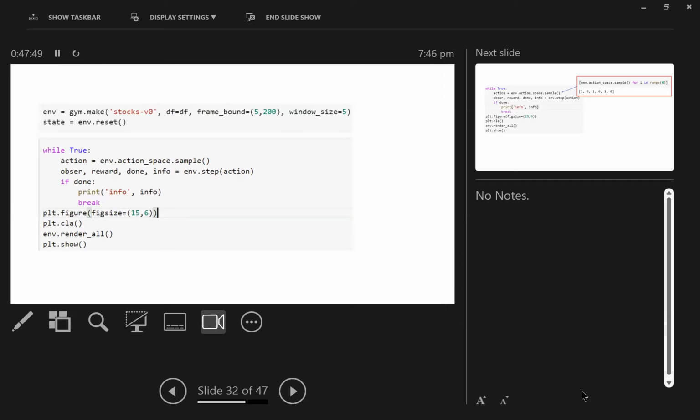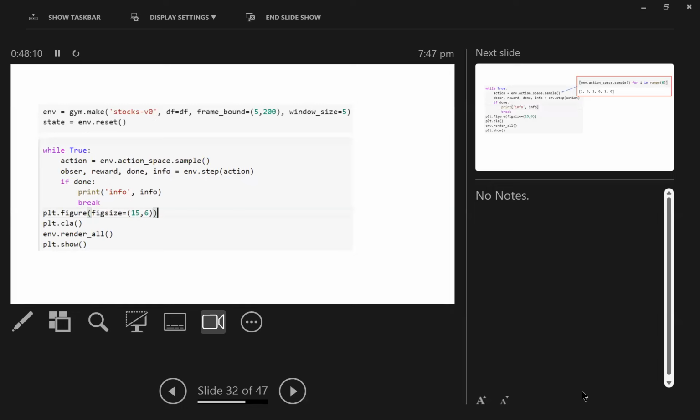So we will just make use of some tools for us to prepare the training data. Okay, so this part is a little bit different from the CartPole code. But then we will first show you an example to take random steps.